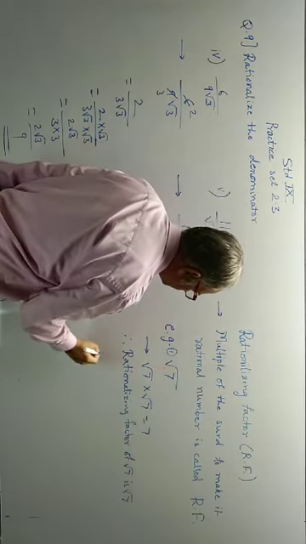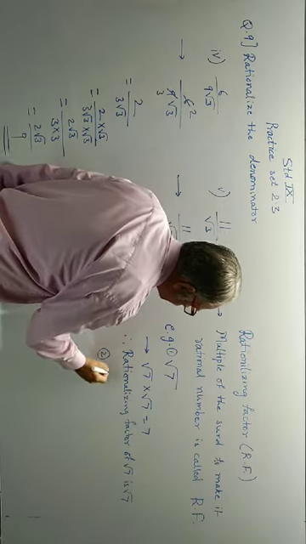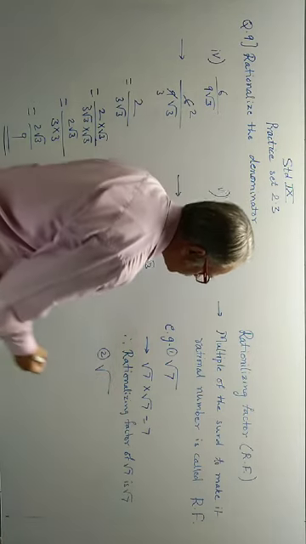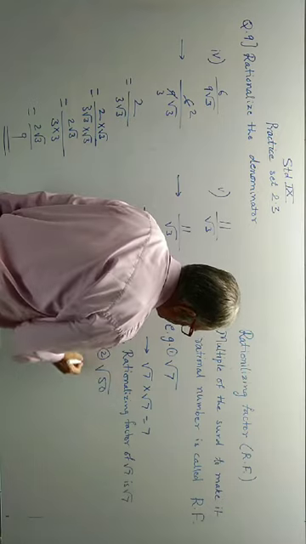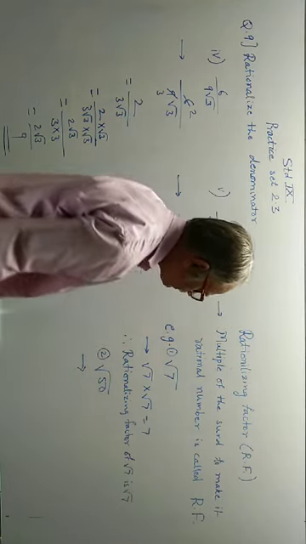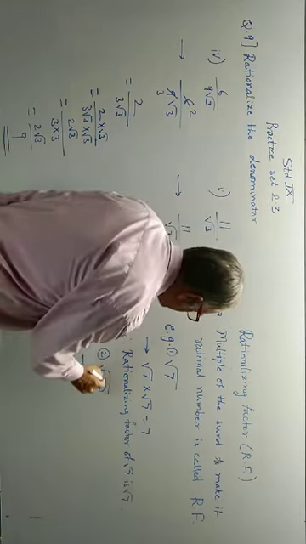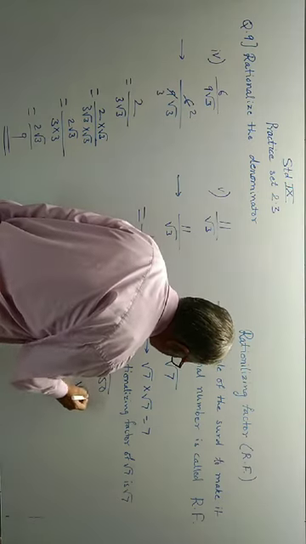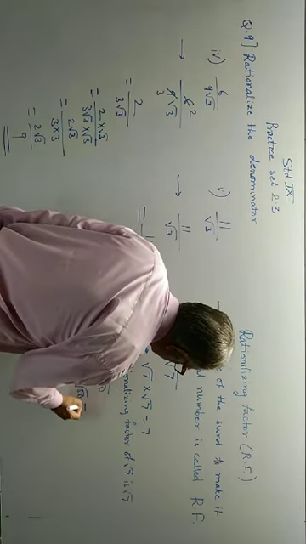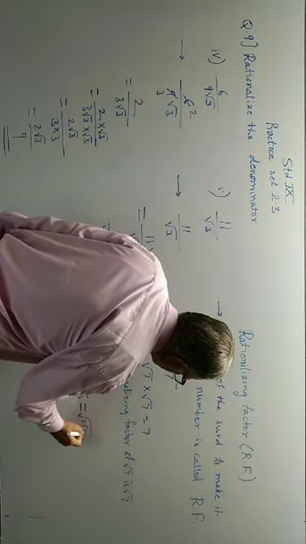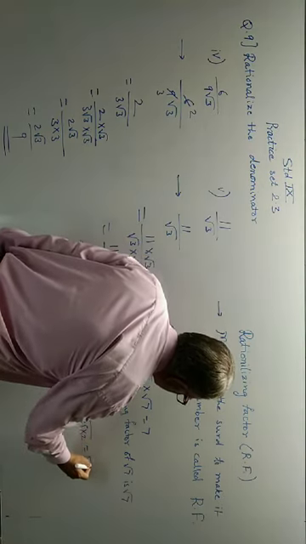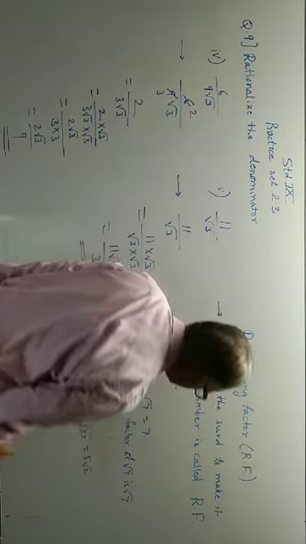Second example, root 50. Now you might be thinking that root 50 is the rationalizing factor. No. Root 50 can be simplified as root 25 into 2, 5 root 2. Root 50 means only 5 root 2.